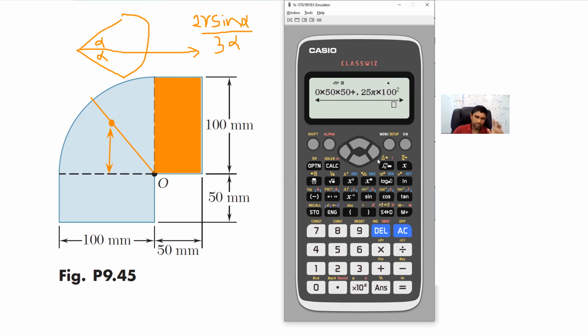This is 5000 plus 5000, 10,000, plus 0.25 times pi r squared, r is 100. So this is the y bar, 25.67.